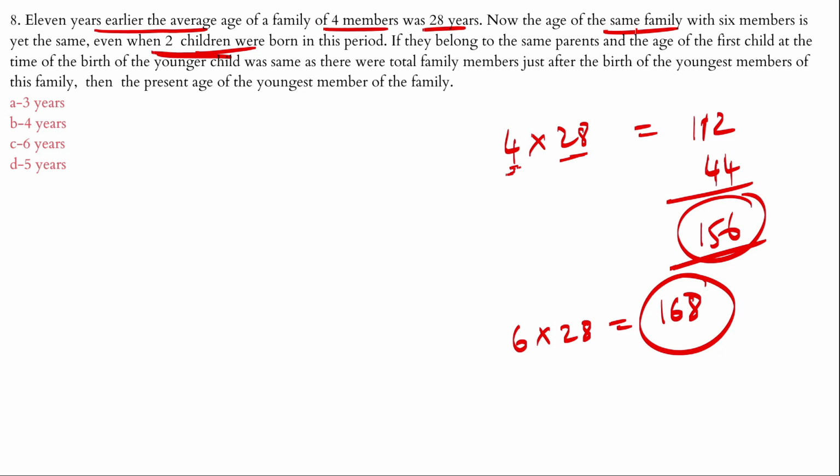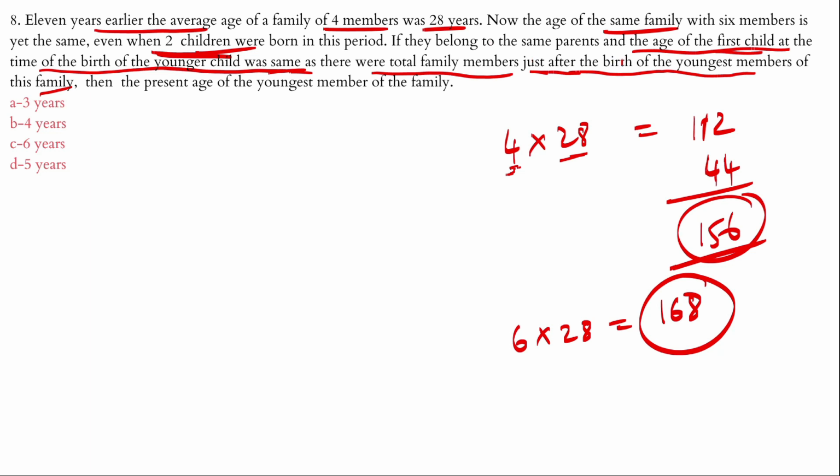Still, one condition is given: the first child, right? The age of the first child at the time of the birth of the younger child was the same as the total family members just after the birth of the youngest member of the family.